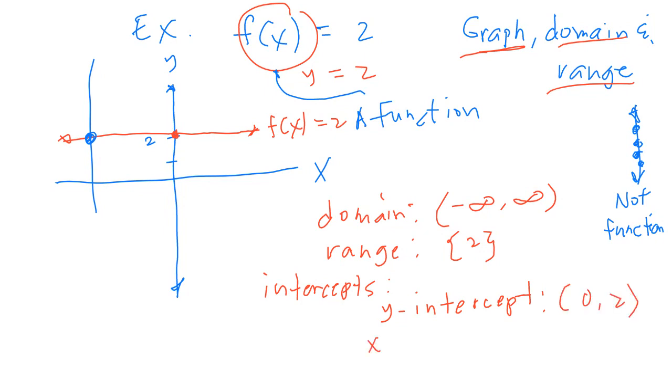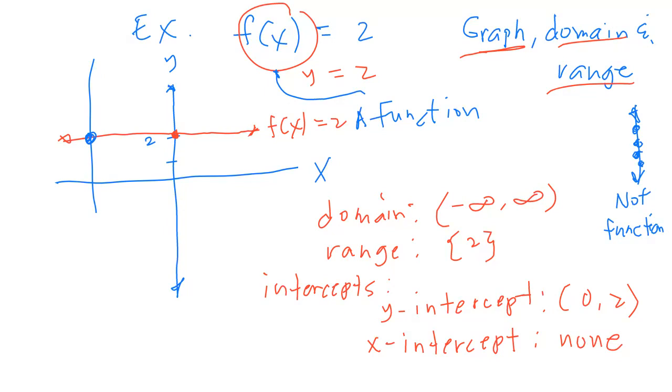For the x-intercept, since we don't have one, you can just write none. Again, there's no x-intercept because that's a horizontal line.